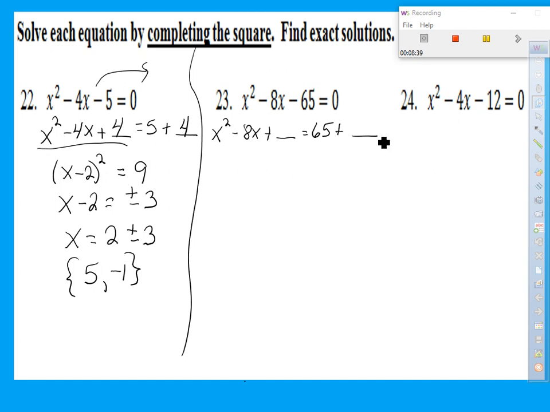Notice once again, plus blank, it'll always be plus. Now this is positive 65 because I moved it over the equal sign. Now, you can do this in your head or your calculator. You're going to take half of -8. So -8 divided by 2 is -4. And you're going to square that number. So 16 is going to go right there.